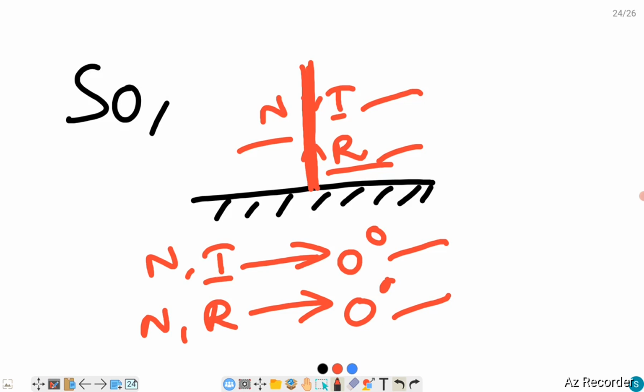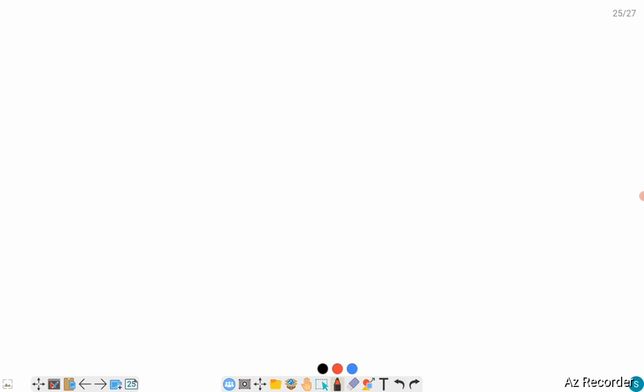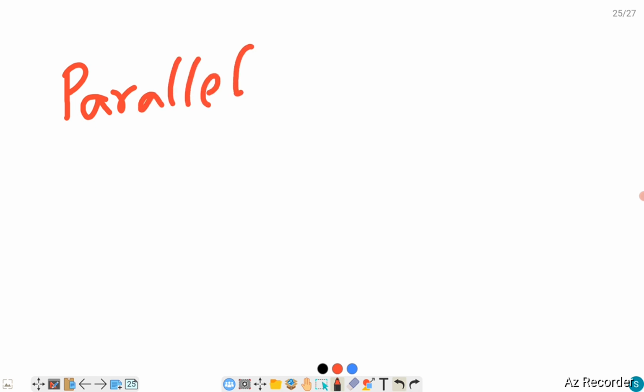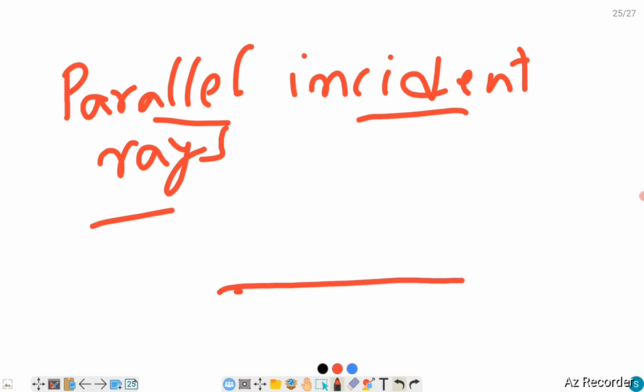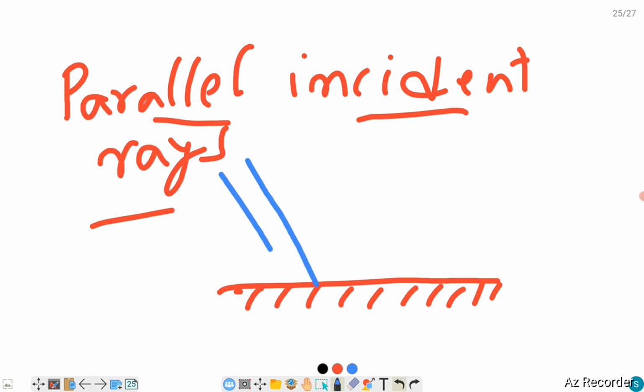Okay. Now, let's see, when we have parallel incident rays on a smooth surface, what happens? For parallel incident rays, you need to take a parallel beam of light. That's all. Now I am taking a parallel beam of light. Okay.